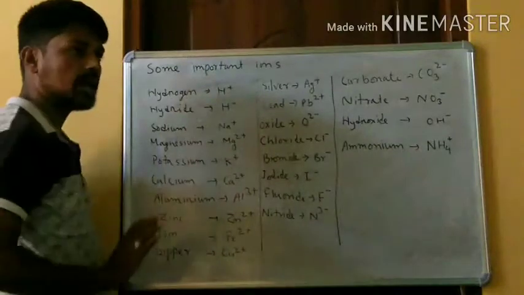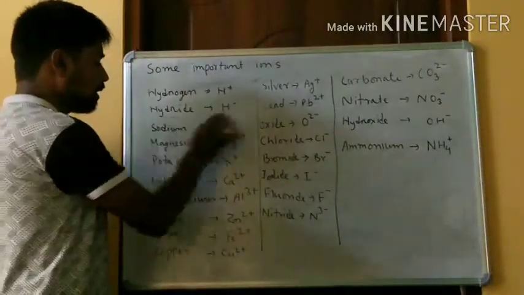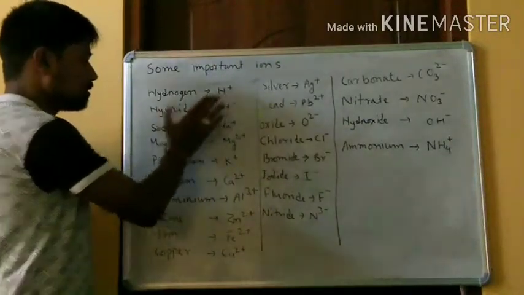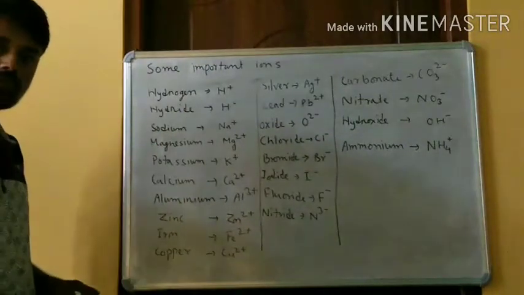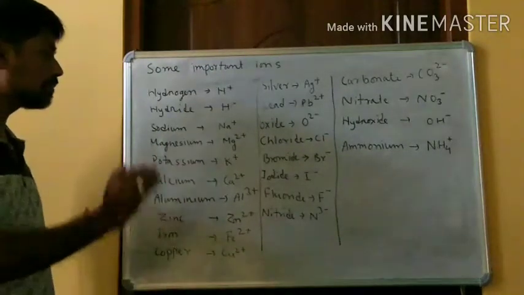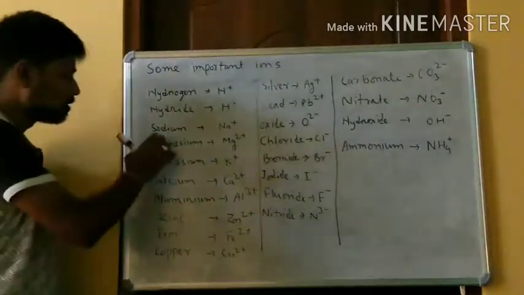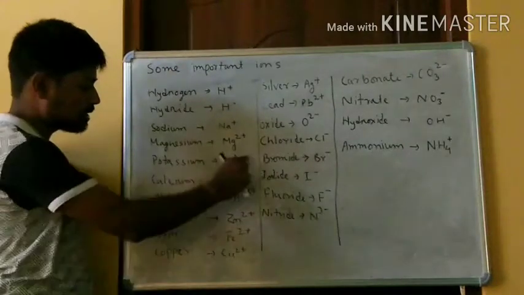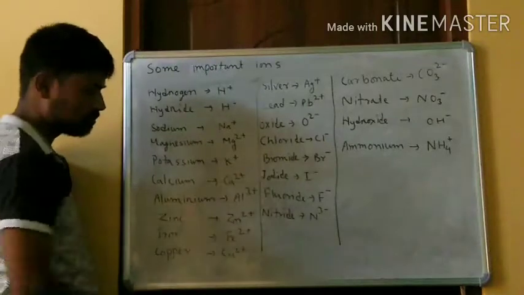Whenever you see hydrogen chloride, then we will use H positive. Hydride is also hydrogen, it is in minus form. H minus is known as hydride. Whenever you see sodium hydride, magnesium hydride, then we have to use this formula. For sodium, it is Na plus, magnesium Mg2 plus, potassium K plus, calcium Ca2 plus, aluminium Al3 plus.